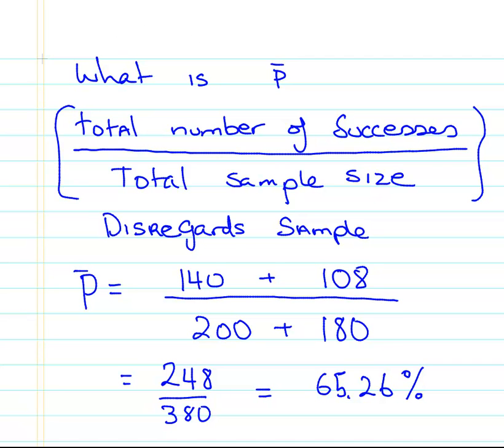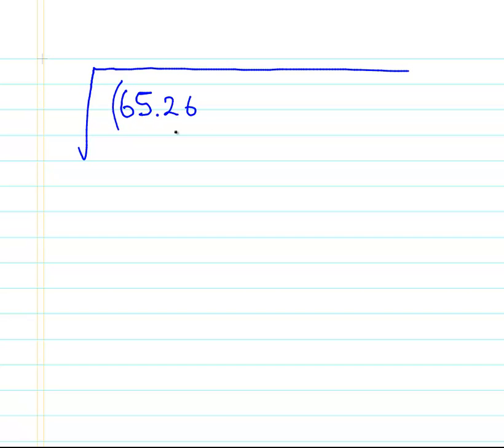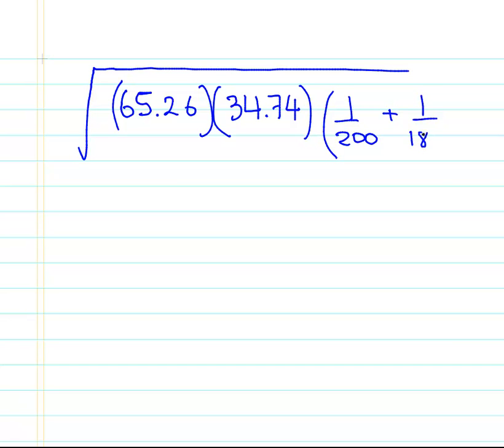So let's calculate out the standard error. It is the square root of 65.26 times the complement of that, which is 34.74, that's p bar times 1 minus p bar, all over 1 over 200 plus 1 over 180. A bit of calculator work.